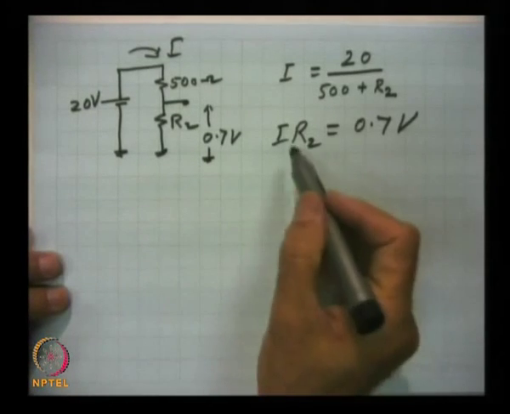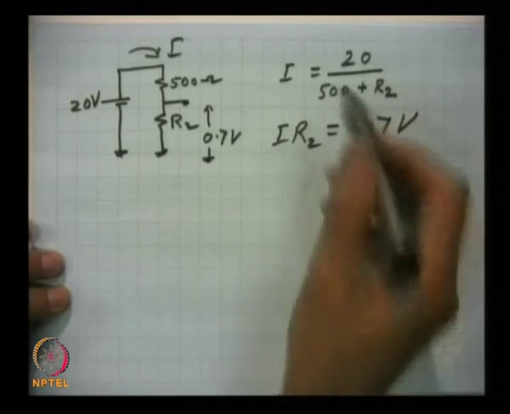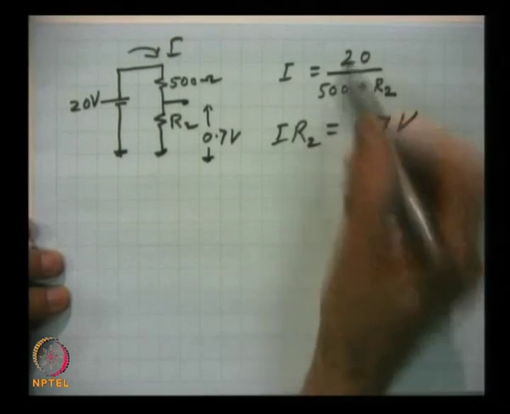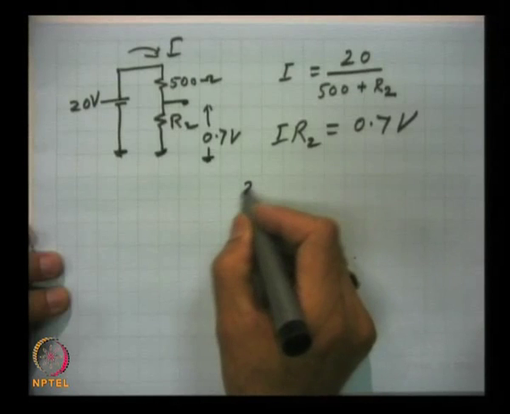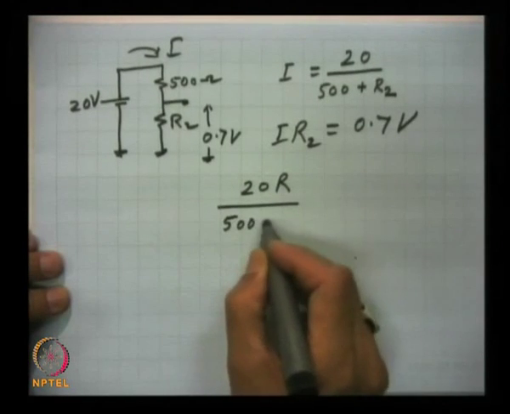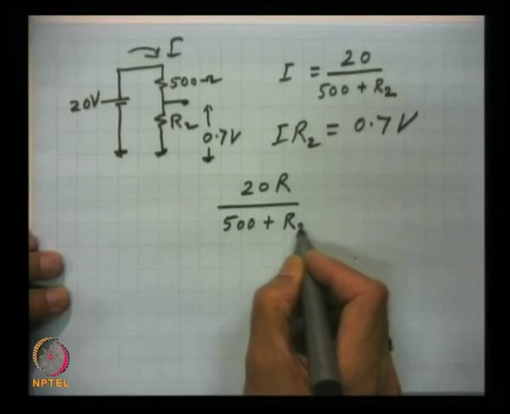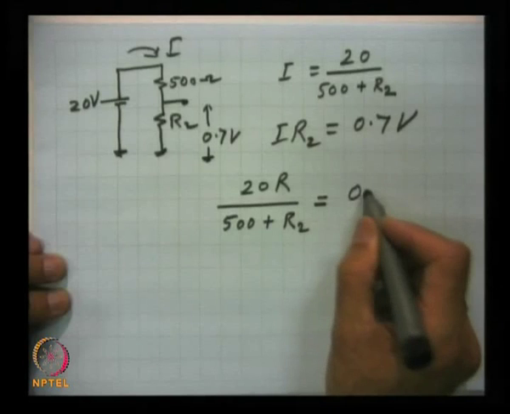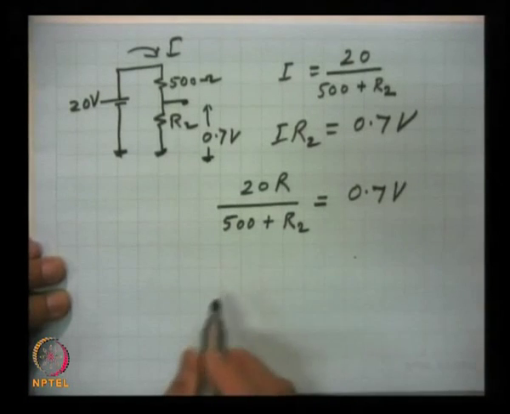Now, we take I times R2 and substitute I here; this becomes 20 R2 divided by 500 plus R2, and this has to be equal to 0.7 volts.